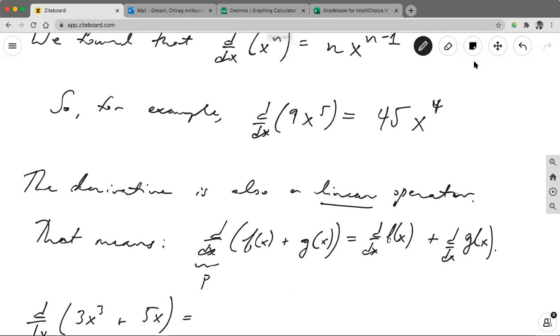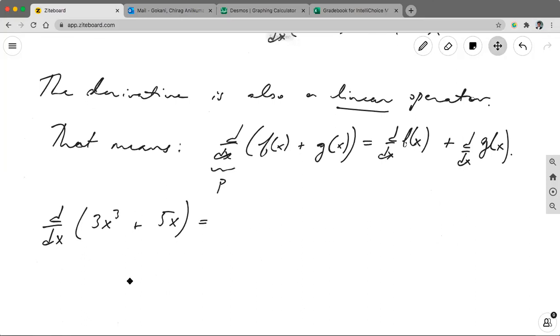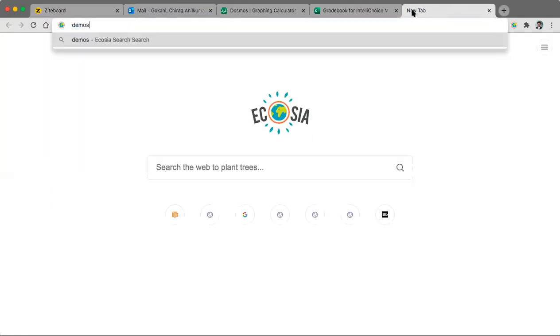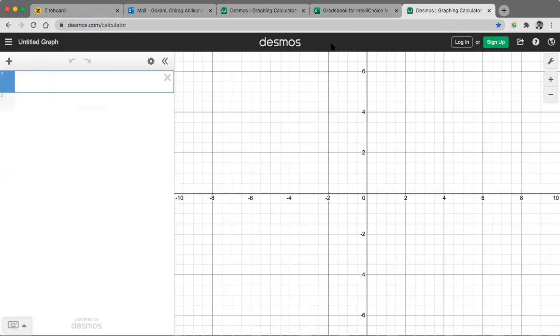So what does the linearity of the derivative allow us to do? Well, it allows us to compute the derivatives of sums of functions. For example, this function, I'm going to go to Desmos and plot this.